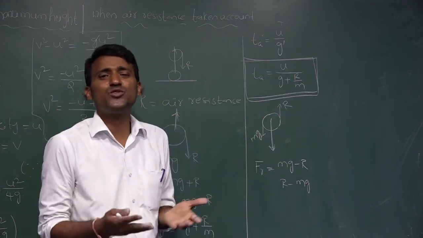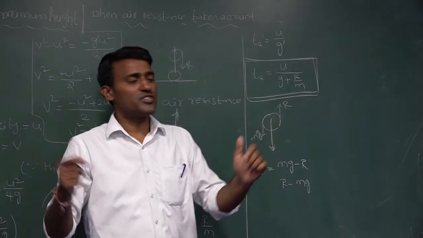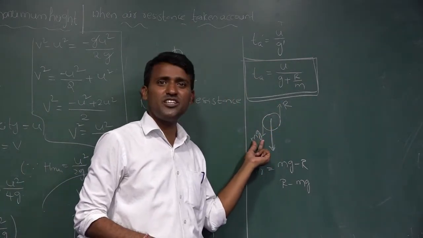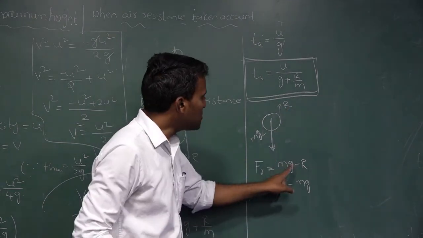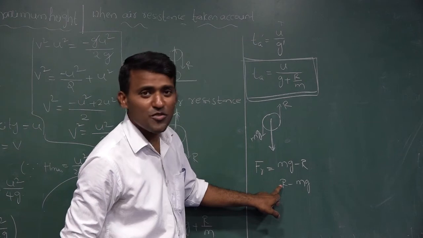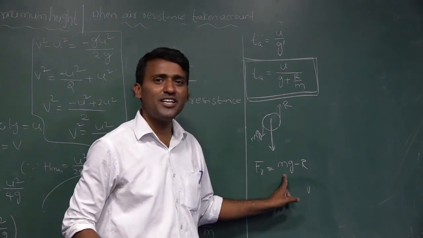So the resultant force is the greater force minus the lesser force. Here the greater force is mg, the lesser force is r, isn't it? So we have to write mg minus r, not r minus mg. Greater force minus lesser force.